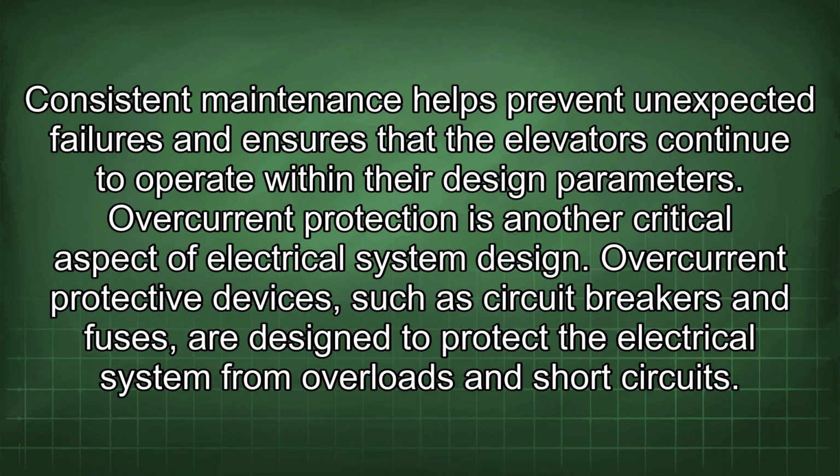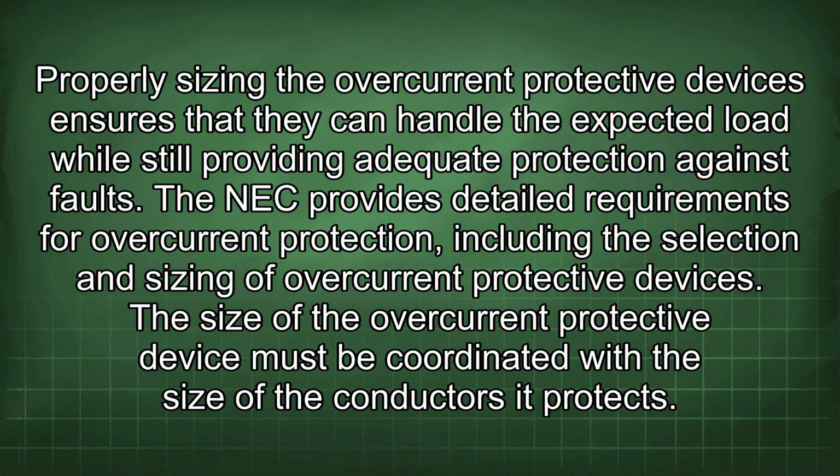Overcurrent protection is another critical aspect of electrical system design. Overcurrent protective devices, such as circuit breakers and fuses, are designed to protect the electrical system from overloads and short circuits. Properly sizing the overcurrent protective devices ensures that they can handle the expected load while still providing adequate protection against faults.